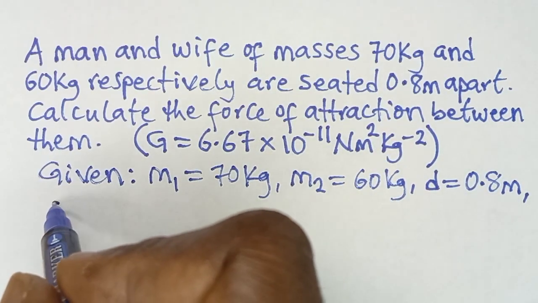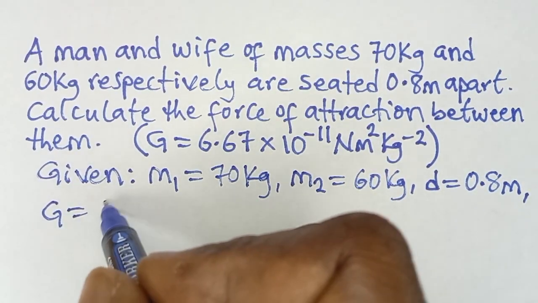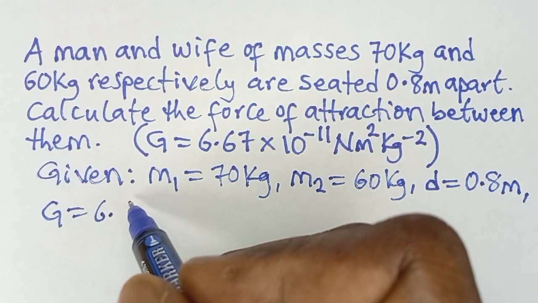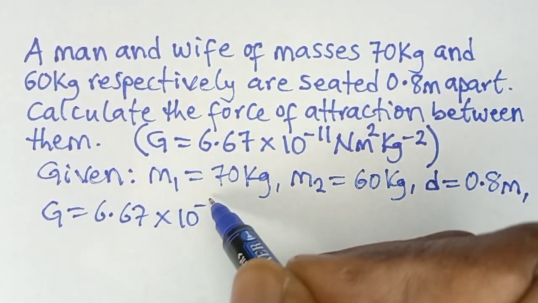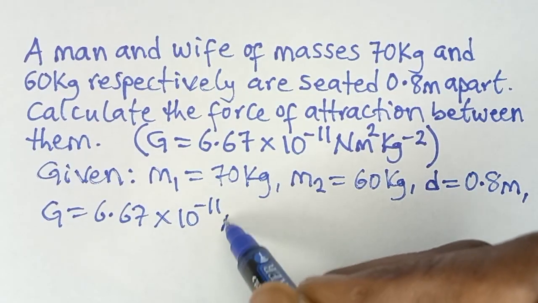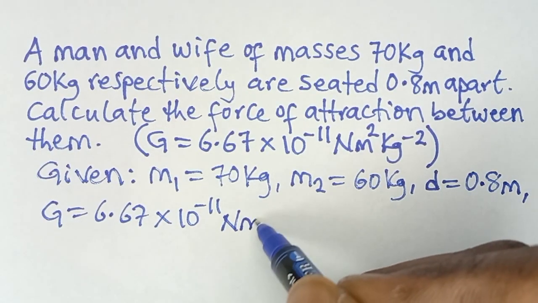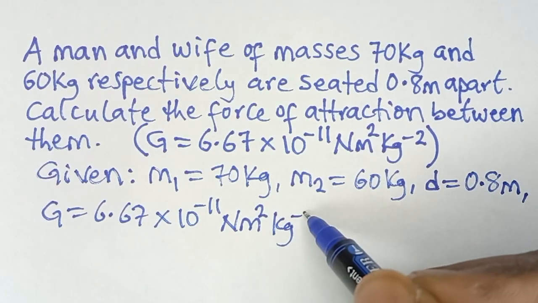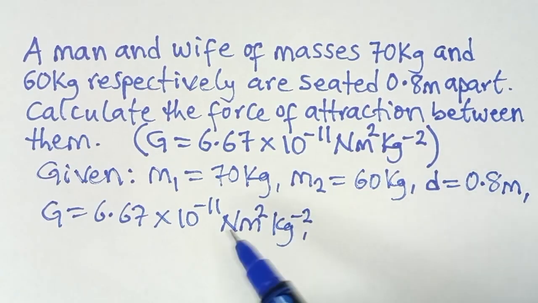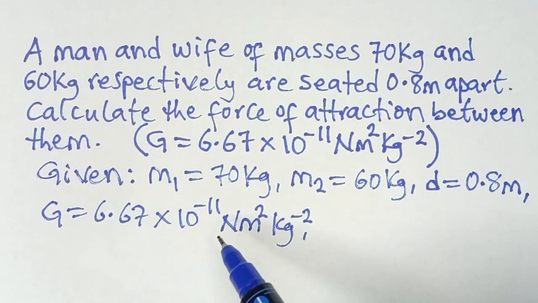And that is given to us as G is equal to 6.67 times 10 raised to the power minus 11 Newton meter square per kilogram square. So this is the value of G given to us.